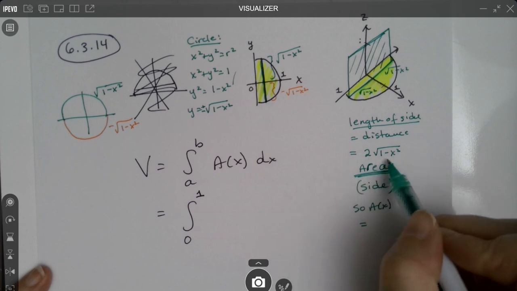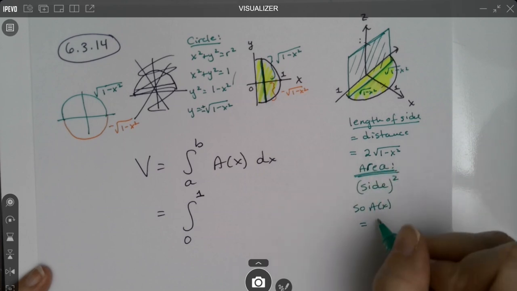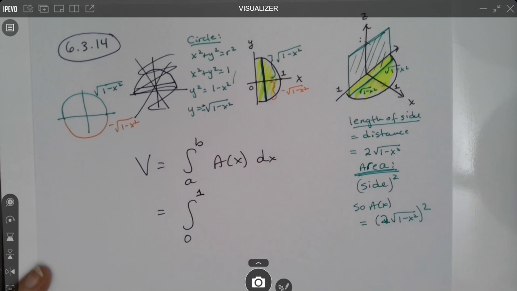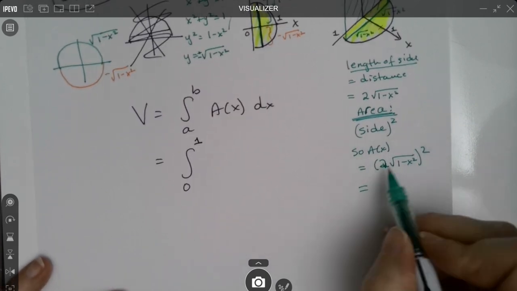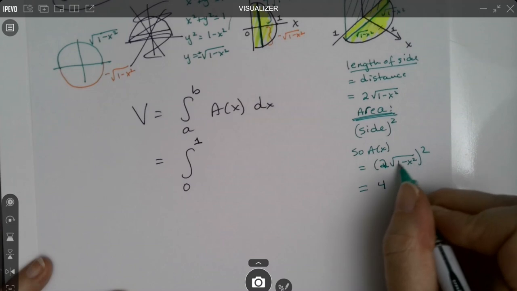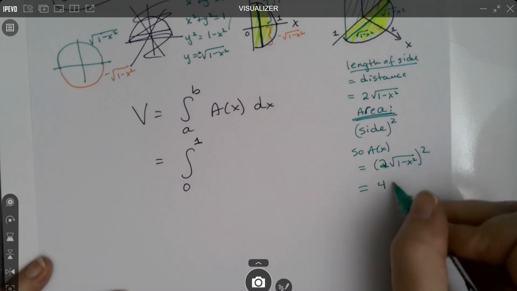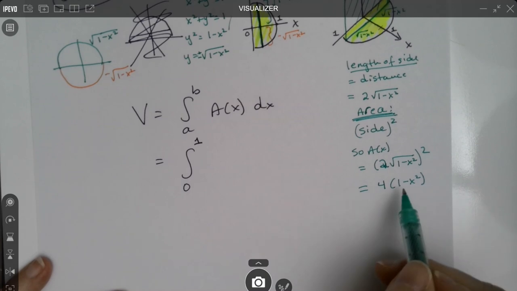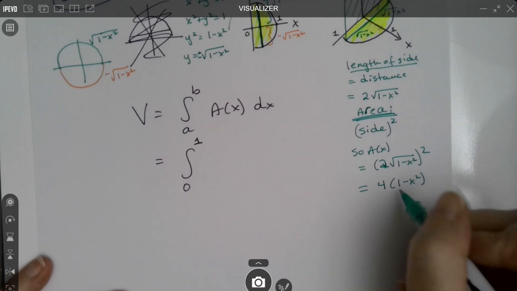So that's a side right there. Then the area is A of x, which is the side squared, which is this 2 square root of 1 minus x squared, squared. 2 squared is 4, and when you square a square root, it just becomes the thing that was under the square root, called the radicand. And there's our A of x. Right? So this is A of x.